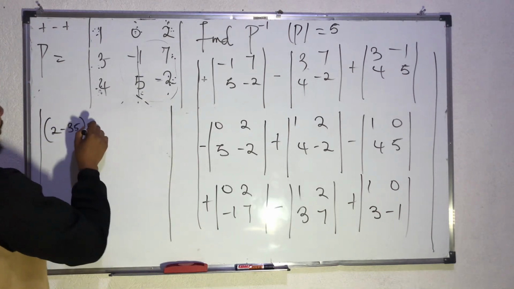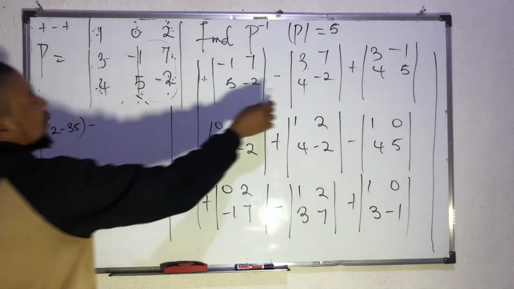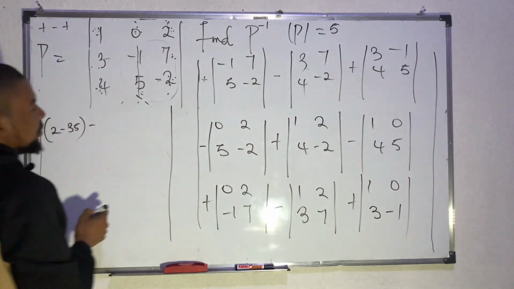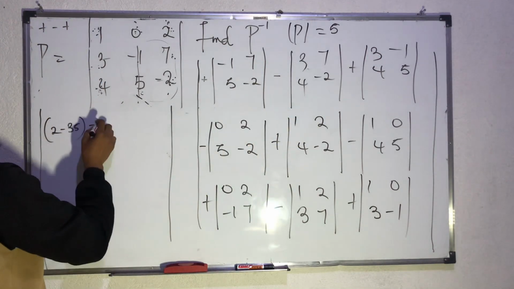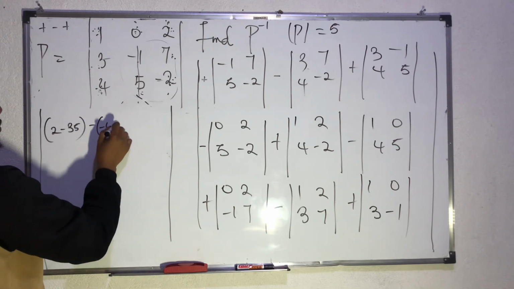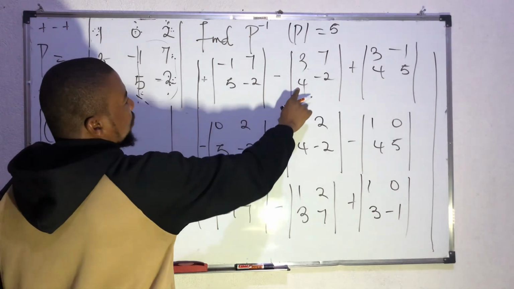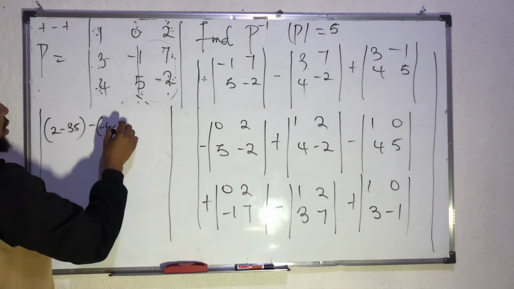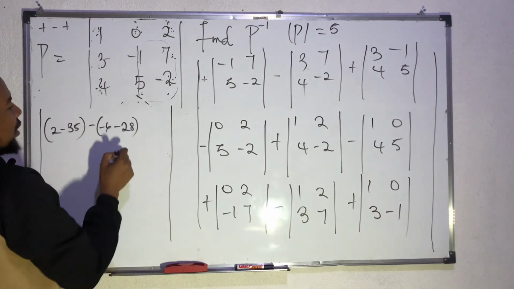For the next one, we have a negative value. Negative 2 multiplied by 3 will give us a negative 6. This is a negative 6 minus 4 times 7, which gives us a 28.